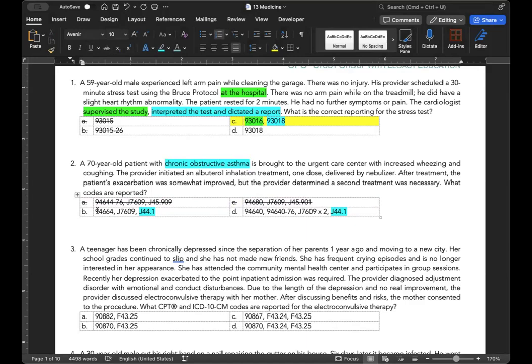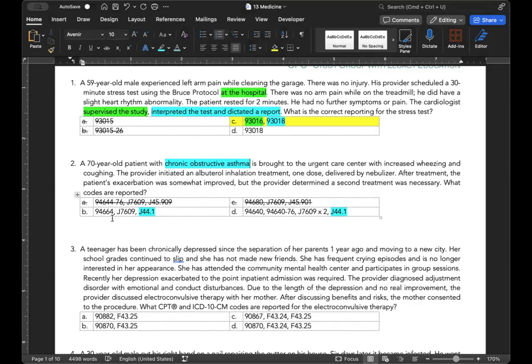So let's just go look at those real quick. 94664 is going to be for a demonstration or evaluation of patient utilization of an aerosol generator, nebulizer, meter dose inhaler, or IPPB device.